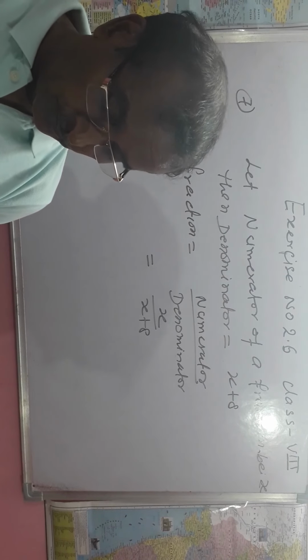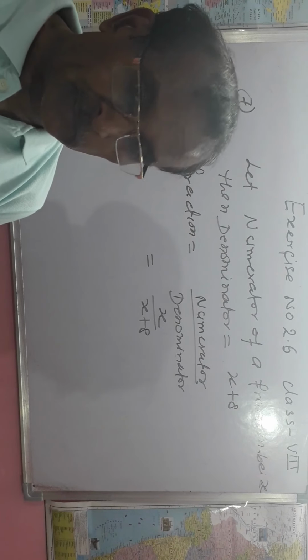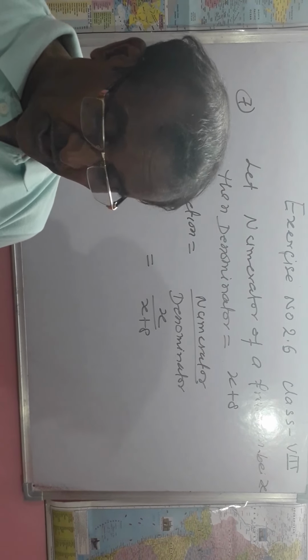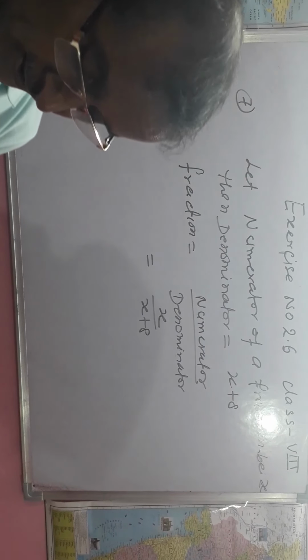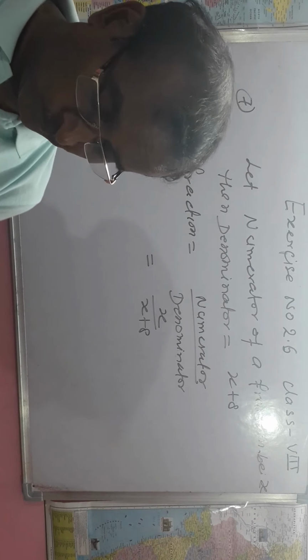Now if the numerator is increased by 17 and the denominator is decreased by 1, then the number obtained is 3 upon 2.